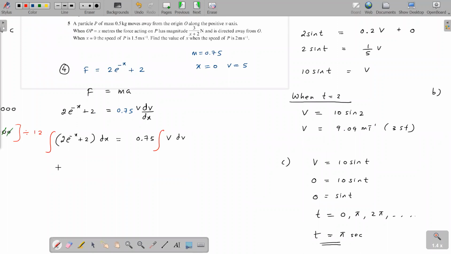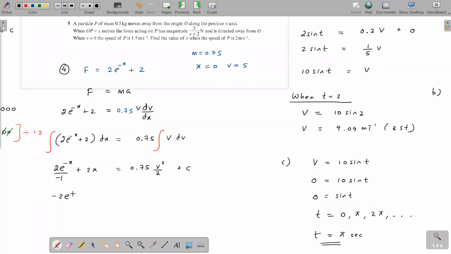When we integrate, we get 2e to the power minus x divided by minus 1, plus 2x, equals 0.75 times v, and when you integrate with respect to v, it's v squared over 2. You add 1 to the power and divide, isn't it? And you put plus c.